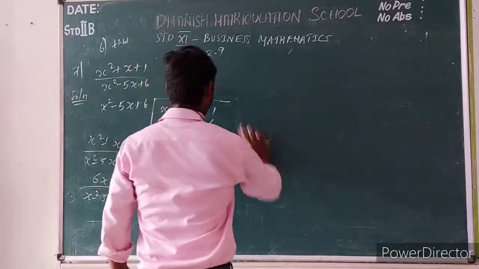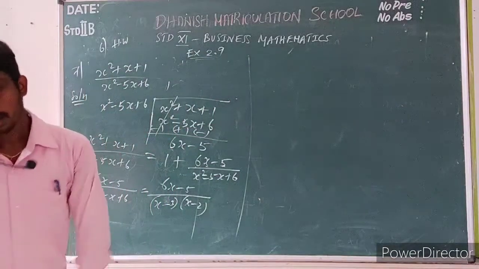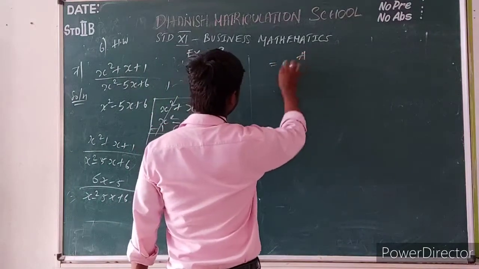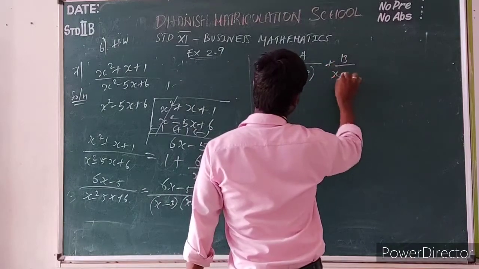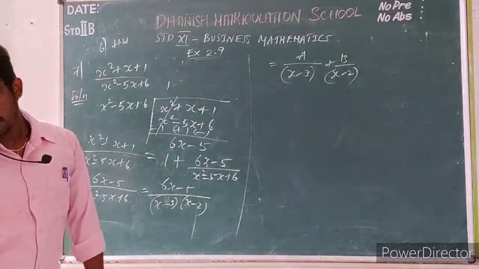Now we are using the partial fraction split up. Write it like this: a divided by x minus 3, plus b divided by x minus 2. Split up the a value and b value.